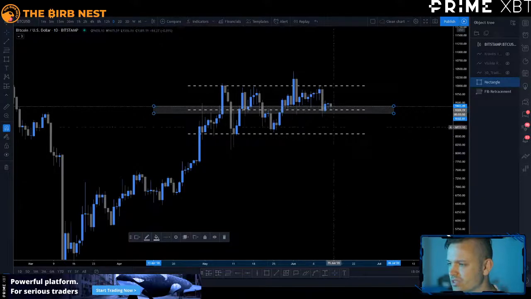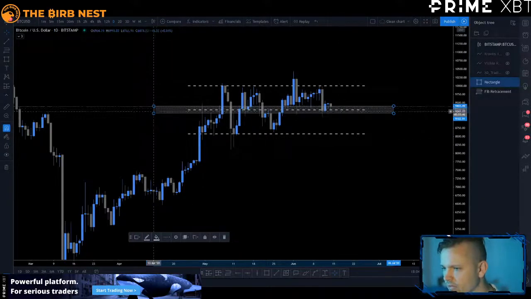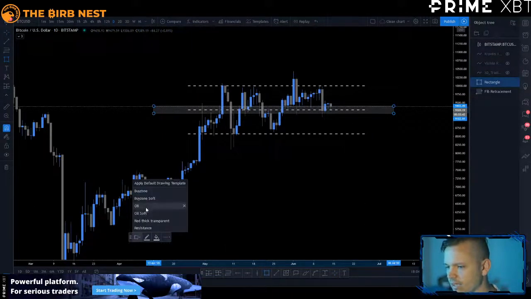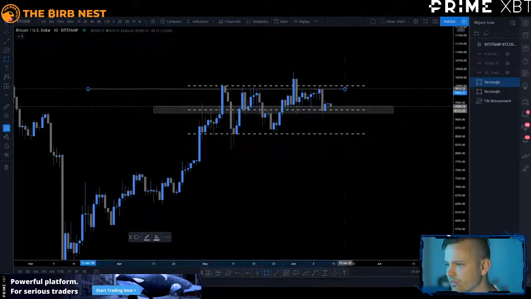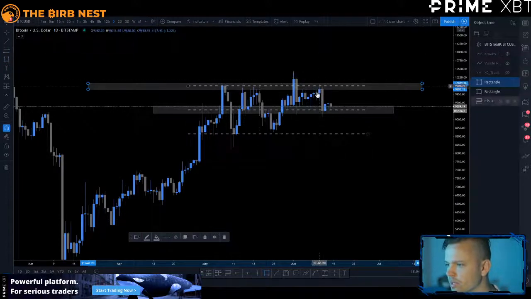So the range EQ is going to be like the equilibrium of this area around the range EQ, and same goes for range high, right? Got the range high here, you select these candle closes and maybe these candle closes up here, so almost in the middle of that area, right?